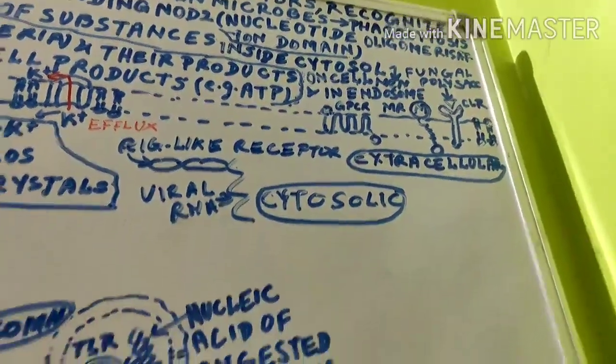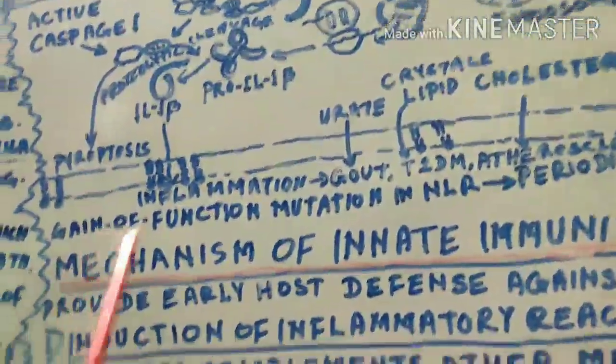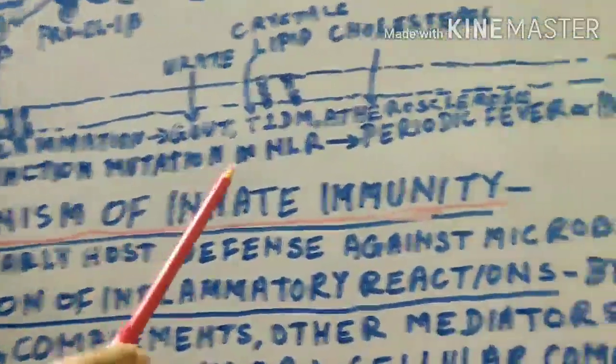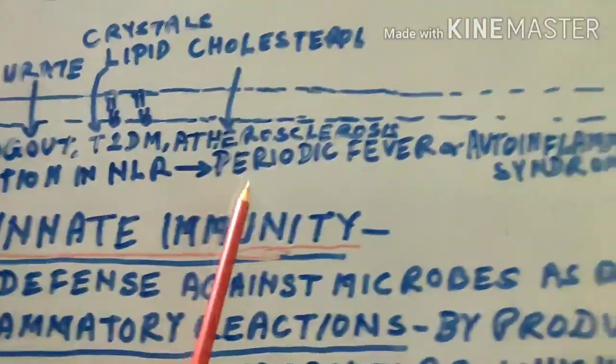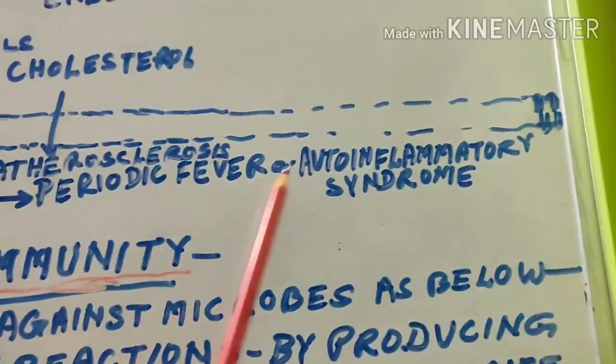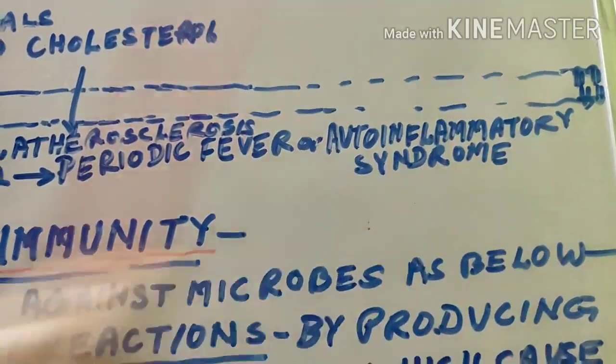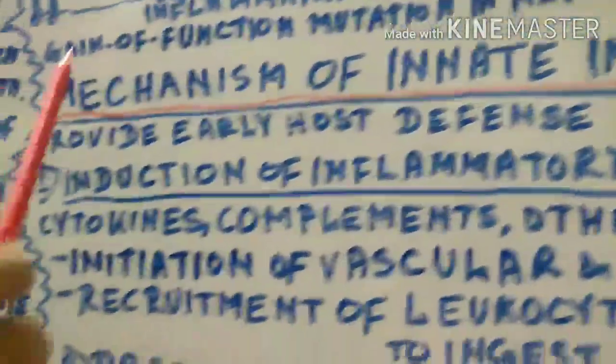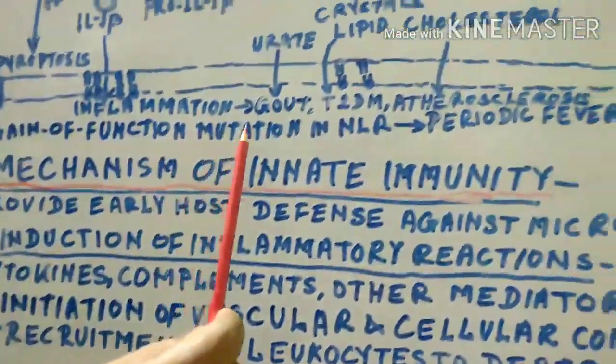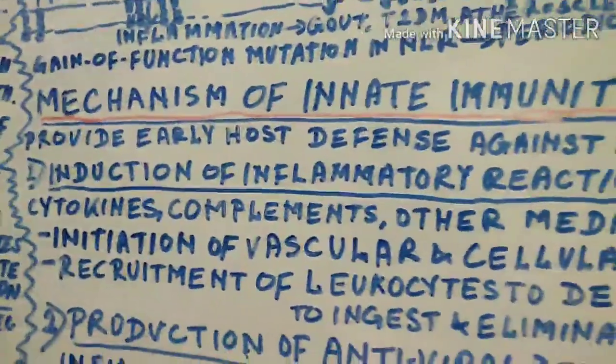So these are all about the receptors. One thing you have to understand is that gain of function mutation in NLR results in periodic fever, also known as autoinflammatory syndrome. You will learn about gain of function mutation when we discuss genetics.